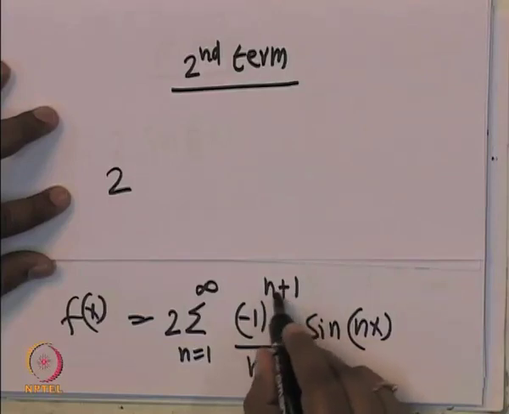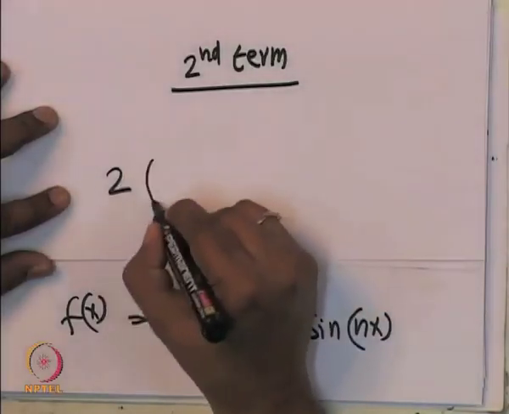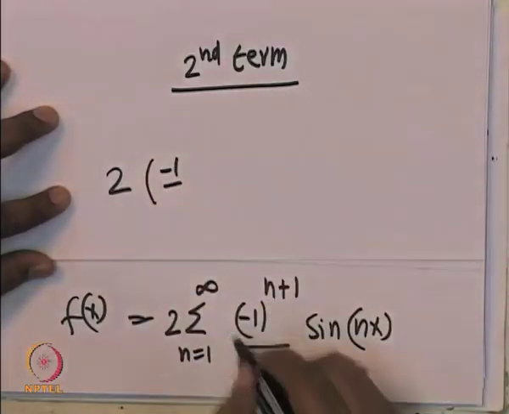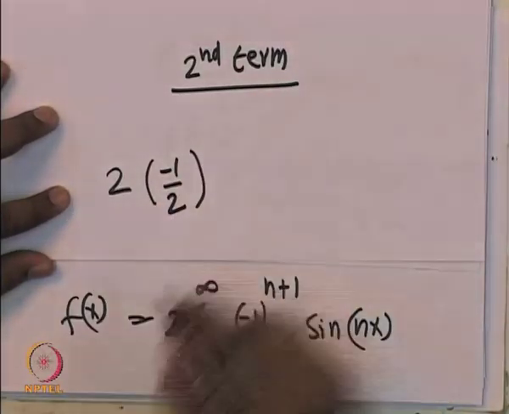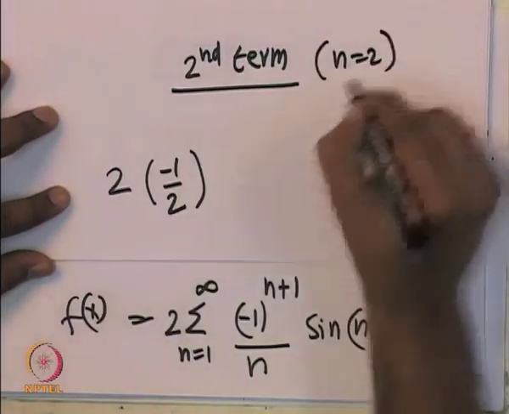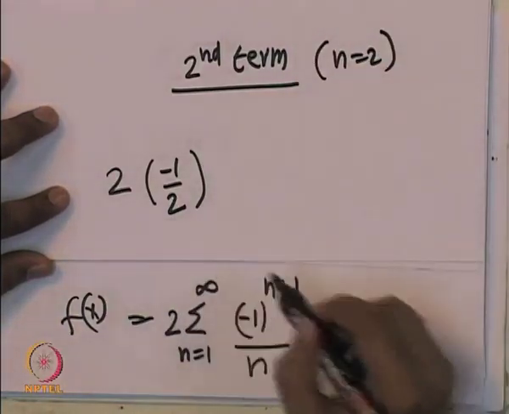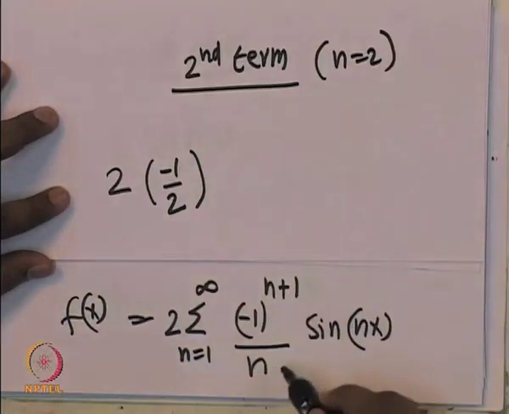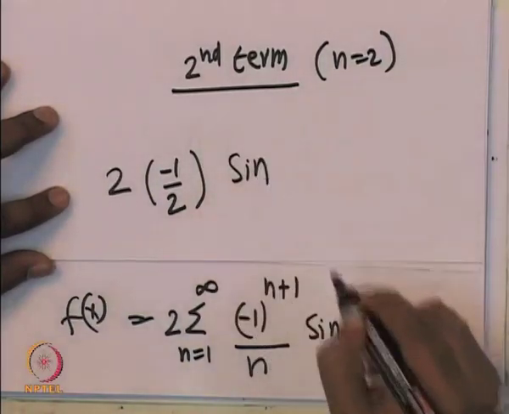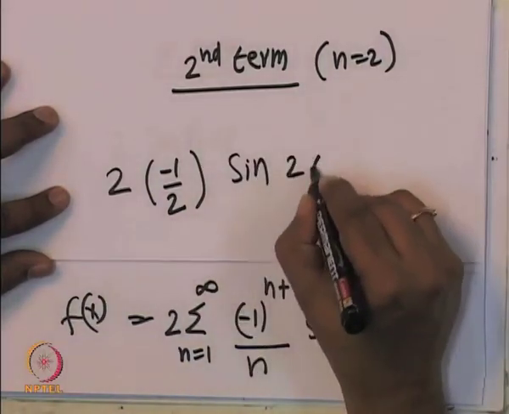Minus 1 power 3 is minus 1. So, this is minus 1 by n, and n is 2. So, if you do n equal to 2, you get minus 1 by 2 into sin 2 x.